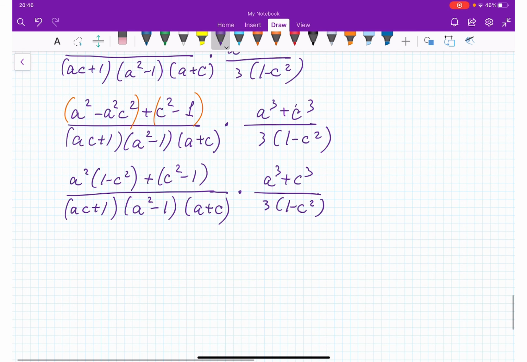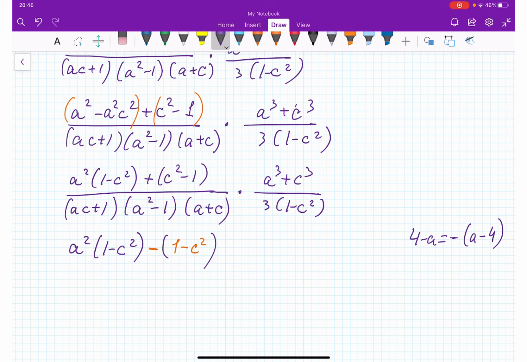Okay, here I'm going to get a squared times 1 minus c squared. I'm flipping the sign to negative. Why? Because within parentheses I'm also going to flip the terms, 1 minus c squared instead of c squared minus 1. Remember, if I have 4 minus a, I can put a negative sign in front and write negative a minus 4.